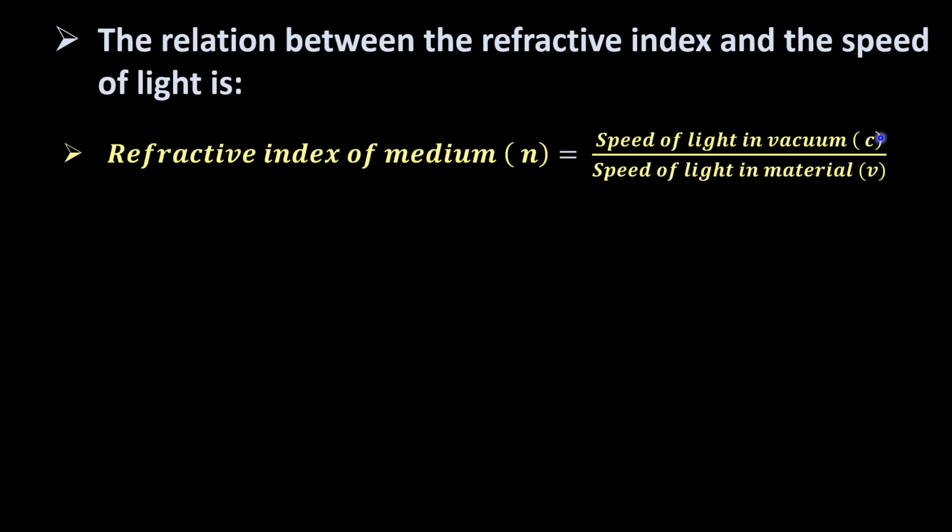C is the speed of light and V is the speed of light in material.